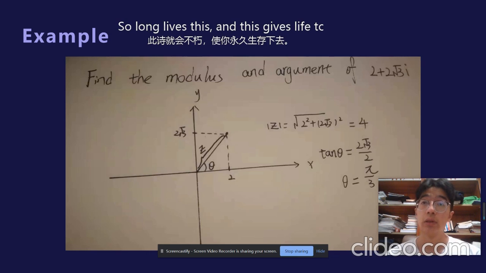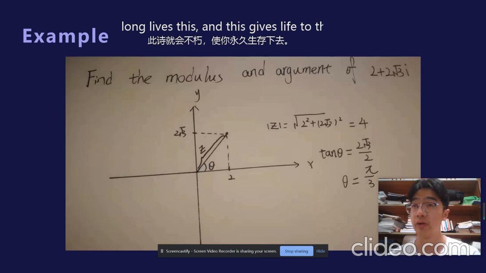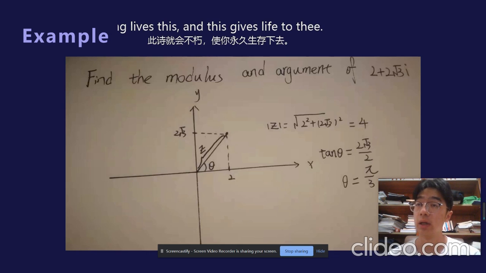We can also find tangent theta, which is equal to the imaginary value over the real value. So it is 2 times the square root of 3 over 2, which is the square root of 3. So theta is pi over 3.